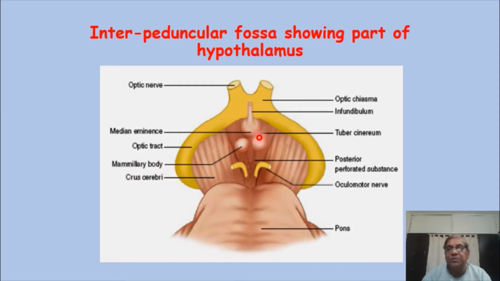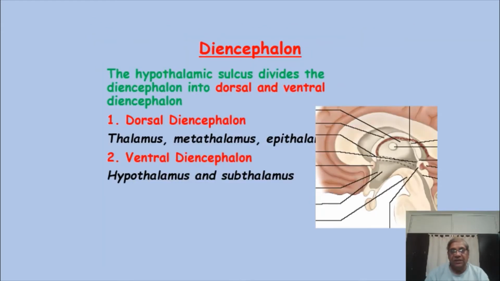So only this much is on the external surface; otherwise the whole diencephalon is hidden. Therefore it becomes necessary to tell you its position with the help of many sections passing through the cerebrum. We will see the various sections which will locate the position of the diencephalon, thalamus, and hypothalamus.